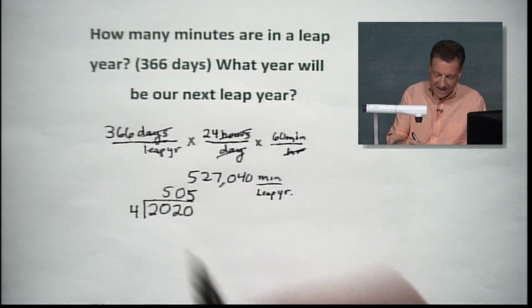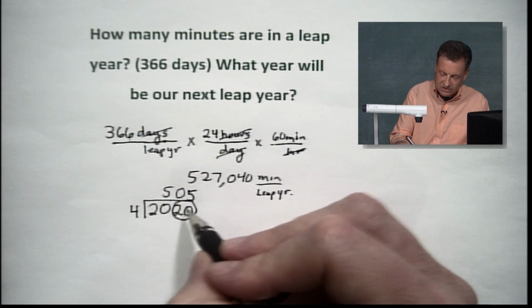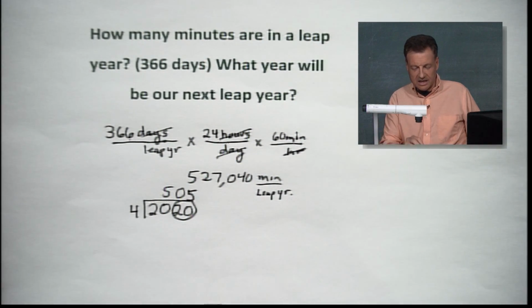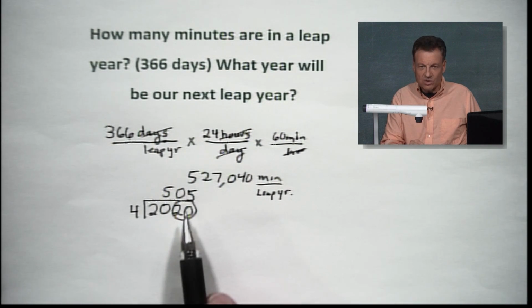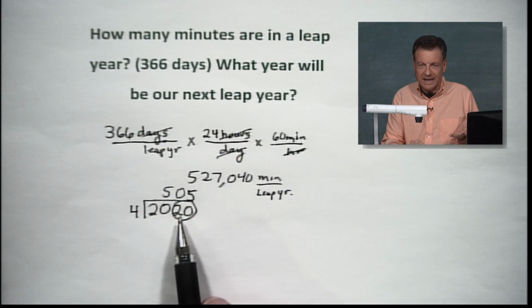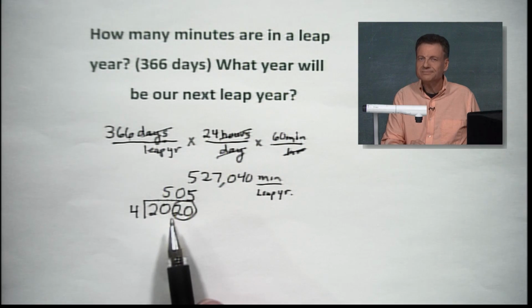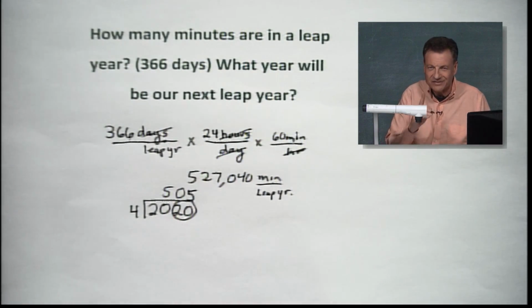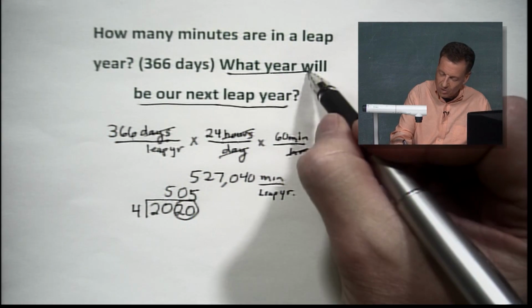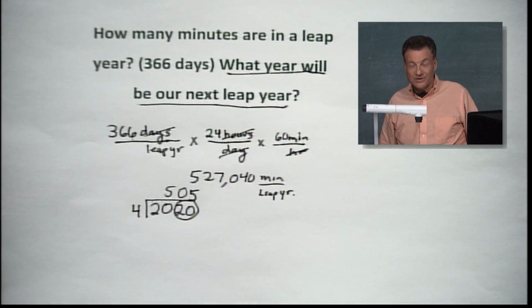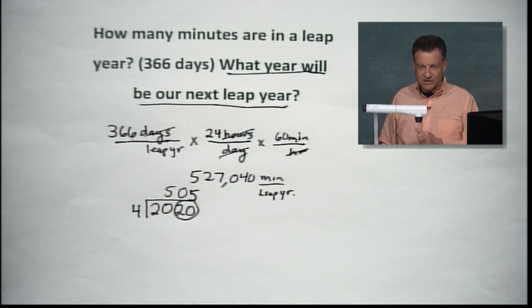But if you look at the last two digits of any year, if those two digits together make a number divisible by 4, for example, 20, if 4 divides in that evenly, you've got a leap year. That's a nice way to go with it. And as we said, next year, nope, 2020. That's our next time we get a leap year, and we have that extra day.